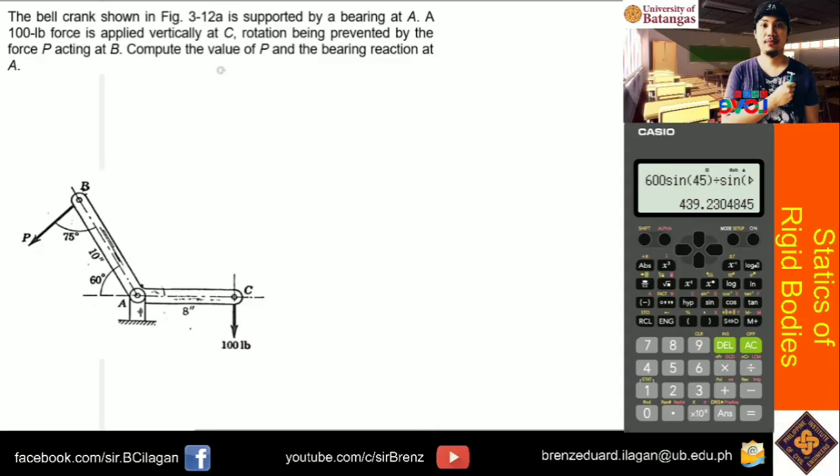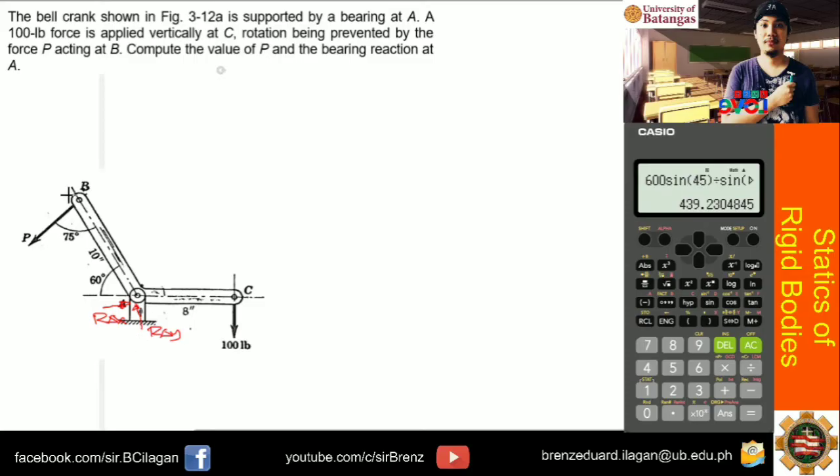Okay, so the first thing that we need to do is to determine the reaction at point A. So you have a bearing there, so it will prevent the horizontal and vertical movement of your bearing. So in short, we will have here a reaction. Let's just name this RAY, and you also have RAX. So why did I say the direction is like that? Guys, if you look carefully here, you have a 100-pound force downward. The vertical component of this is also downward.